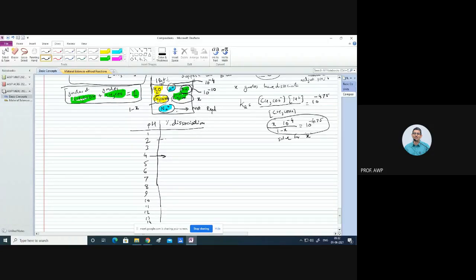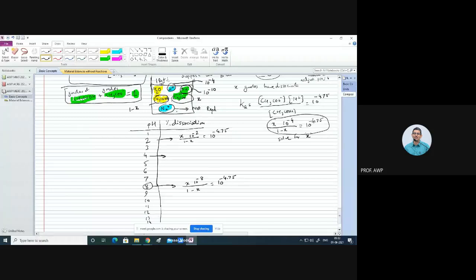If your pH is 2, X into 10 raised to minus 2 divided by 1 minus X would be equal to 10 raised to minus 4.75. If your pH is 8, it would be X into 10 raised to minus 8 divided by 1 minus X equal to 10 raised to minus 4.75.